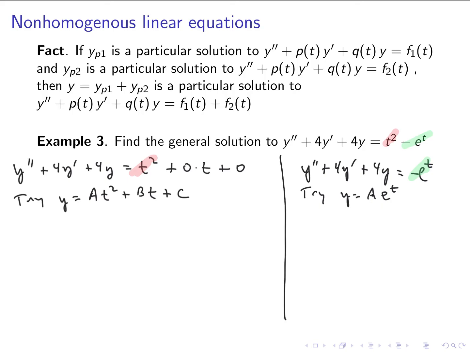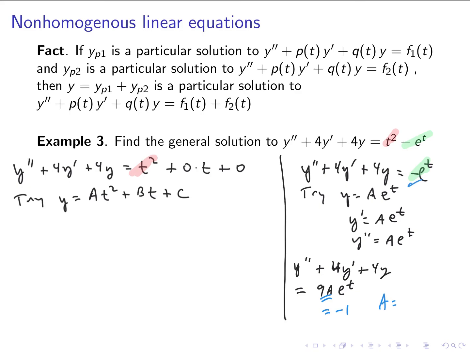On the right side, we haven't done one of these on this video yet, so I'll go ahead and do it. If y is a e to the t, then y prime is a e to the t, and y double prime is a e to the t. You can see this is not very interesting. When I plug that into the left-hand side, I get 9a e to the t. And I need that to equal -1 times e to the t in order for it to match up with this guy up here.